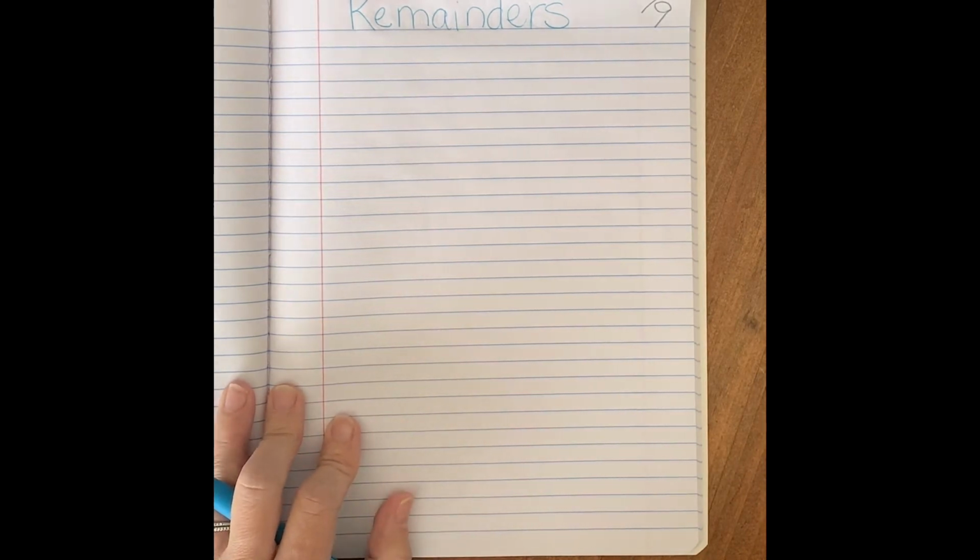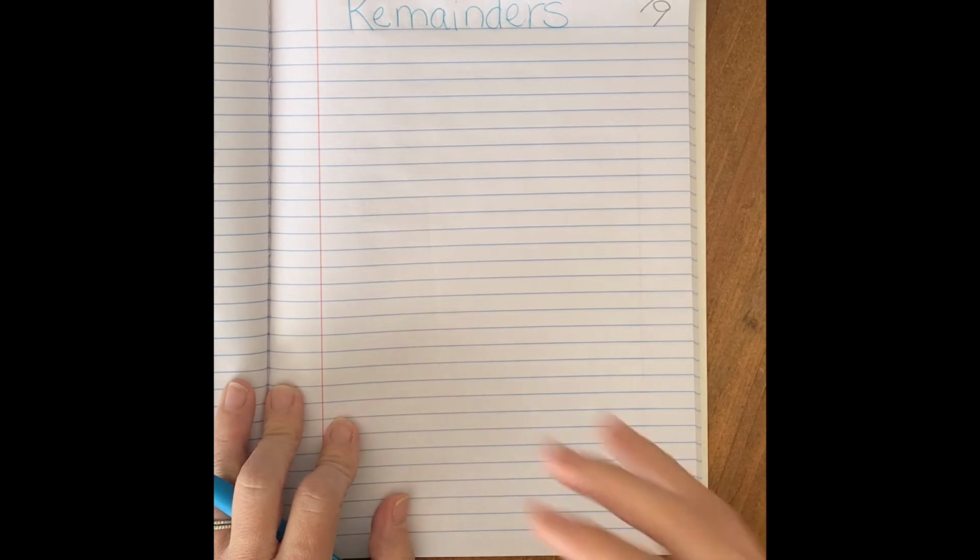First, let's talk about what that even means. A remainder, it's the leftover. Remember, when we're dividing, we're making equal groups, right? So the remainder is the part of the quotient that doesn't fit into an equal group.